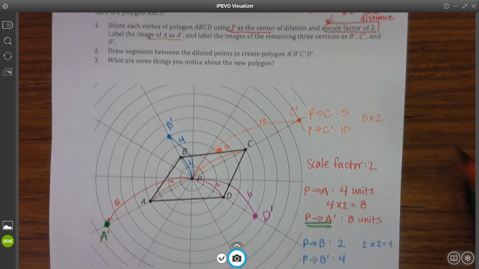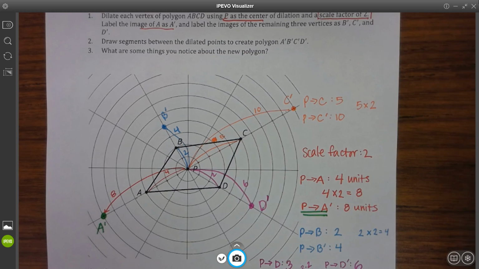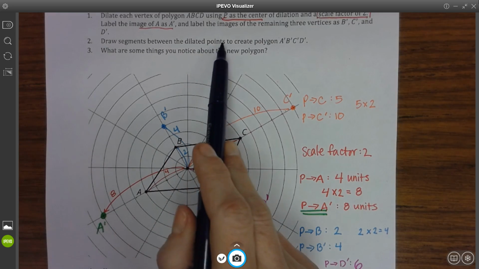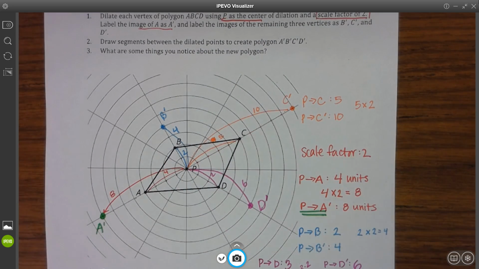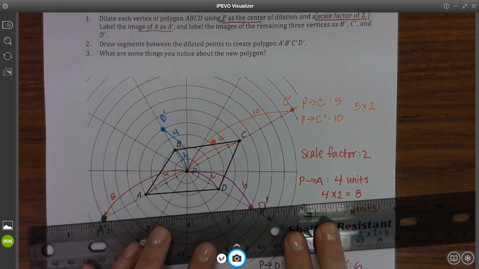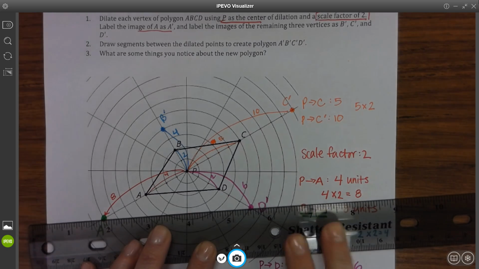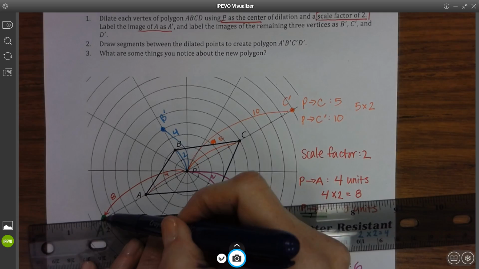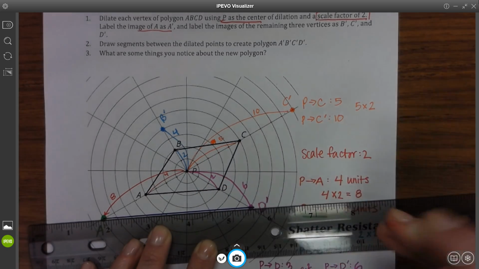Now we have to go back up here. Number 2. Number 2 says, draw segments between the dilated points to create a polygon. So take your ruler. We're going to draw lines between our points.